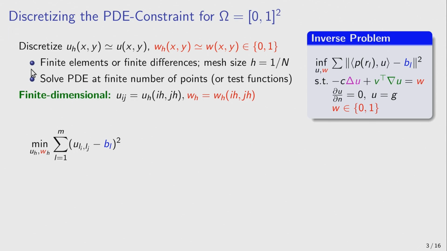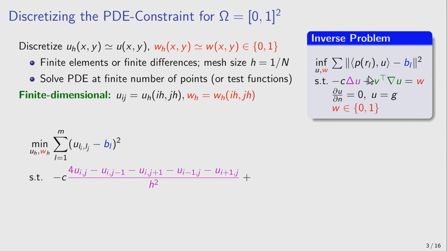First of all, you have your objective function. This operator here is evaluating u at the measurement locations. That's the projection of u onto the measurement locations, and then comparing it to the data that you have at these measurement locations. So that's just a least squares term, and this integral just becomes a summation.